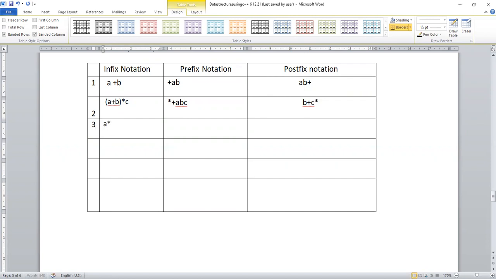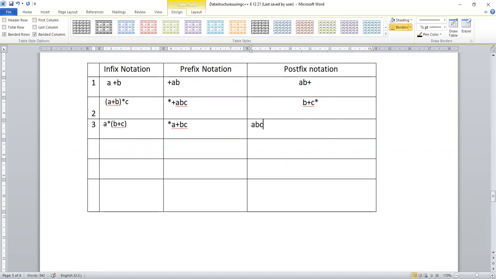Now the third one: a into b plus c can be written as, first into will come, then a, then plus bc. Okay, this is the prefix notation for this.